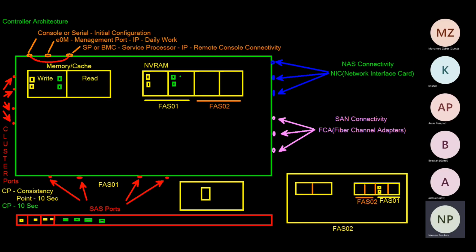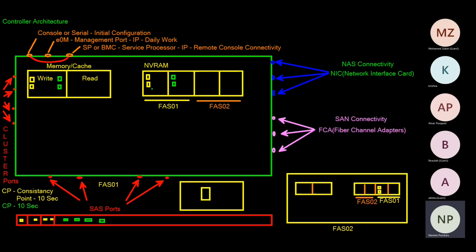During this time, the second part of NVRAM will work with the memory and take the data from the clients for the next 10 seconds. During this time, my first part and the memory are committing the data to the disks. Now another consistency point is triggered by ONTAP after 10 seconds. Whatever data was written to the second part of the NVRAM and memory, they'll work together and commit that data to the disks.